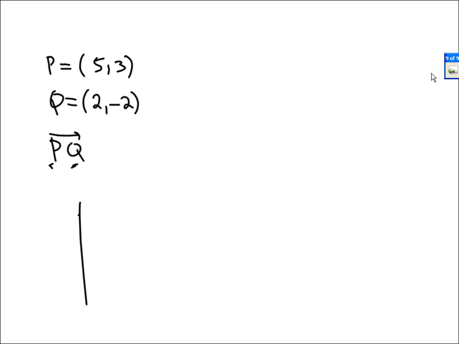Now, if you were told that point P is 5, 3, and point Q is 2, negative 2, and you're asked to find the length of PQ, that is, the vector starts at P and goes to Q. So if I were to graph this, 5, 3 is right here, and then 2, negative 2 is right here. So the vector goes like that, and we would love to know the length of the vector PQ.